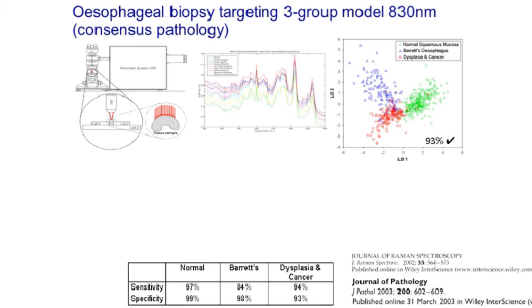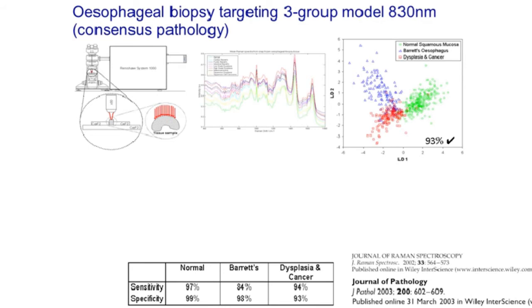We recognised that we needed to use near-infrared light, and I'll come back to the wavelength choice later. In this example, we found that 830 was best for esophageal tissue to reduce the fluorescence that we see at lower wavelengths.